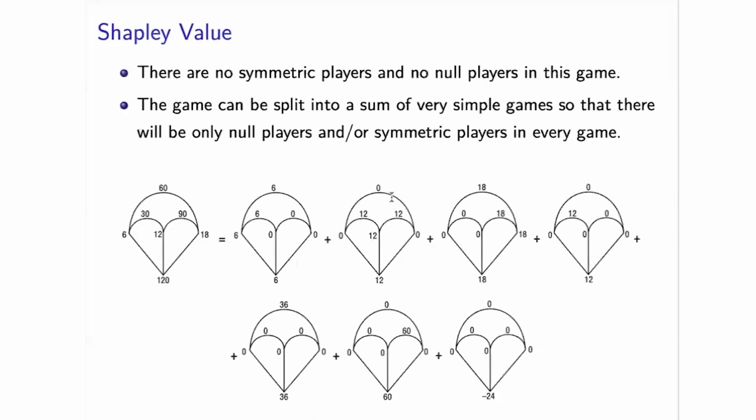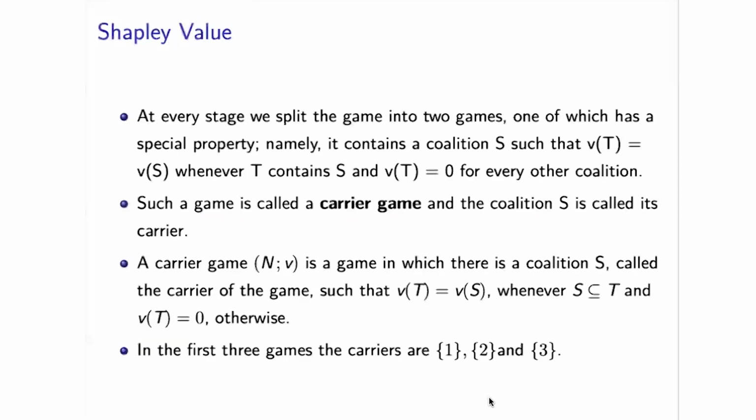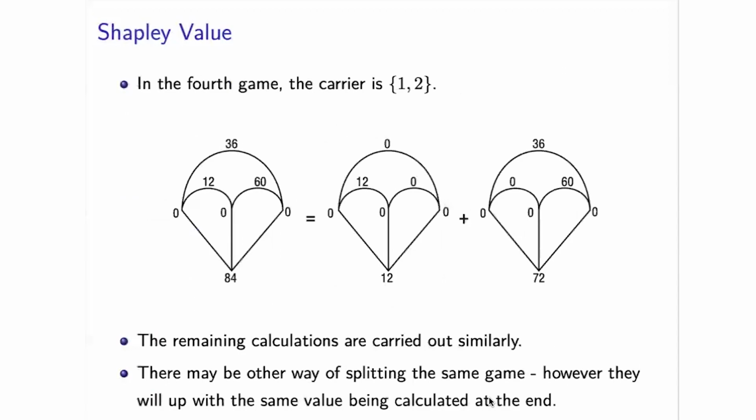In the end, you are going to get this one here by writing that 36. You're going to get another game which you can again split using coalition 2, 3 as the carrier. And finally, whatever surplus is left over will be a symmetric game, like here. And so you can apply all these axioms in the way that we discussed, right?